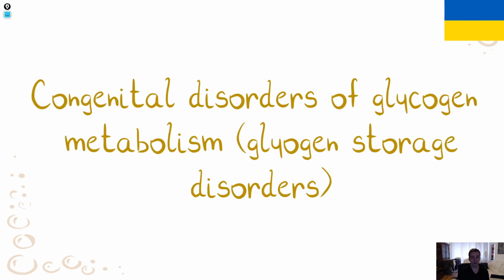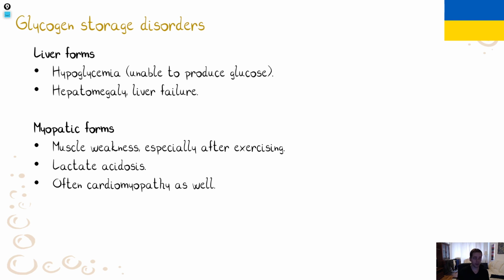And we will end this lecture with congenital disorders of glycogen metabolism, so-called glycogen storage disorders. There is plenty of them. We will mention 5 of them, and they can be subclassified into liver and myopathic forms. Liver forms present mainly with hepatomegaly, liver failure, and those patients are prone to hypoglycemia because they are unable to produce glucose from the glycogen.